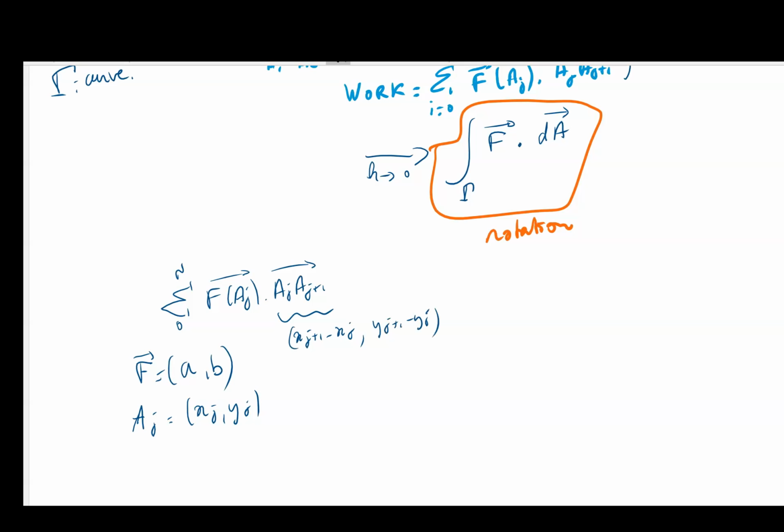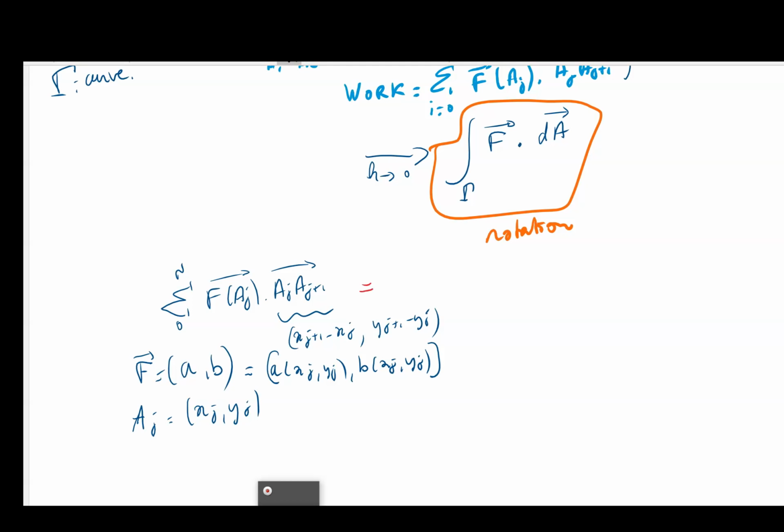And the force components A and B are actually depending on the location, so that's going to be A of xj, yj, and B of xj, yj. The components of my force vector are going to depend on the location in the plane I'm looking at.